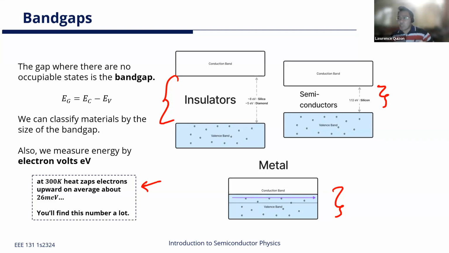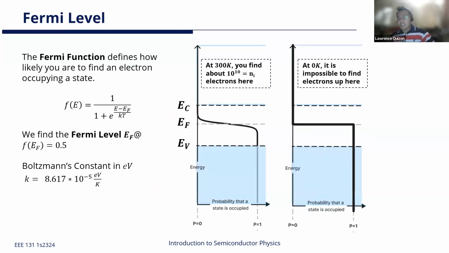Heat zaps electrons upward in the energy band diagram, on average about 26 milli-electron volts. And where did I pull this number out? This is from Boltzmann's constant, which is a thermodynamic constant.